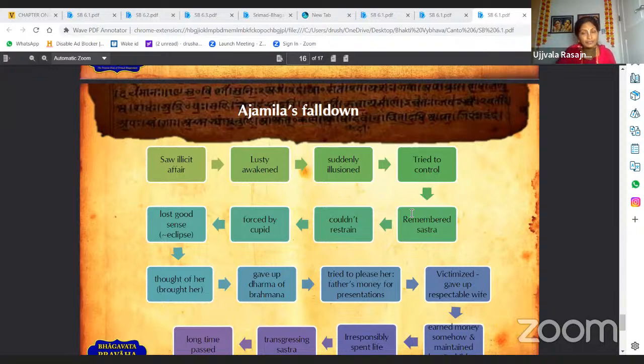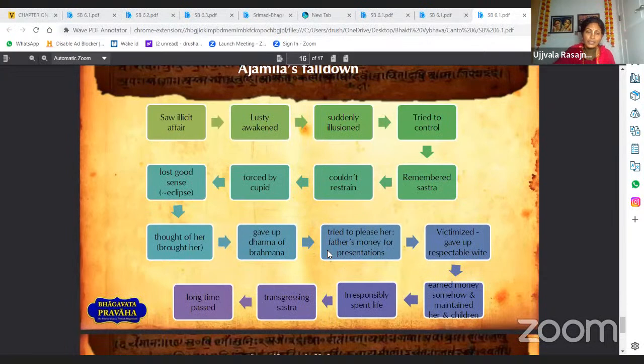So this Ajamila, his consciousness was all changed, and he started robbing people, killing people, and gradually that became his occupation. In that way, he lived all his life until he was 88 years old. He had about 10 sons. The youngest one was about 3 years old.